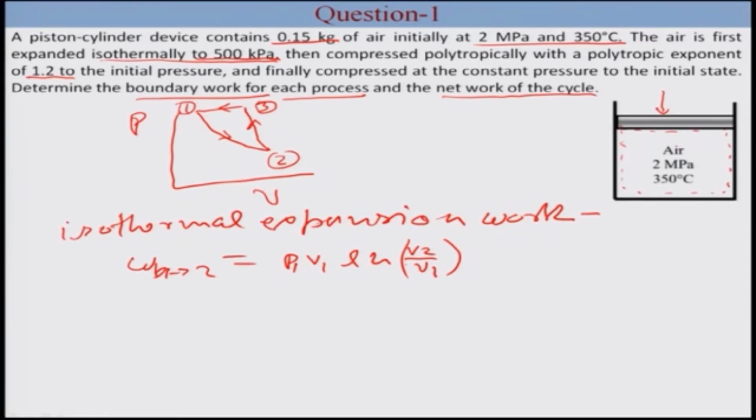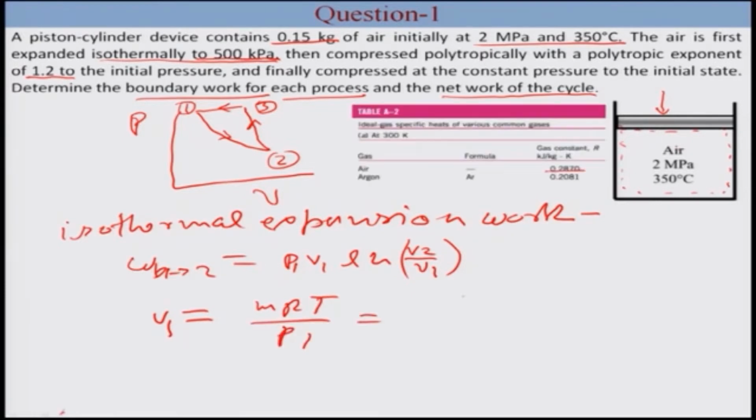So from the ideal gas assumption, we calculate the initial volume as mRT upon P1. The mass of air is 0.15 kg.